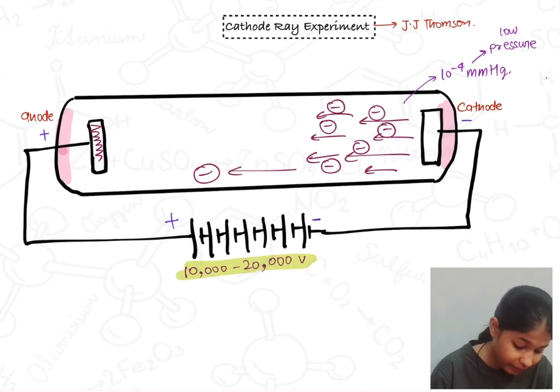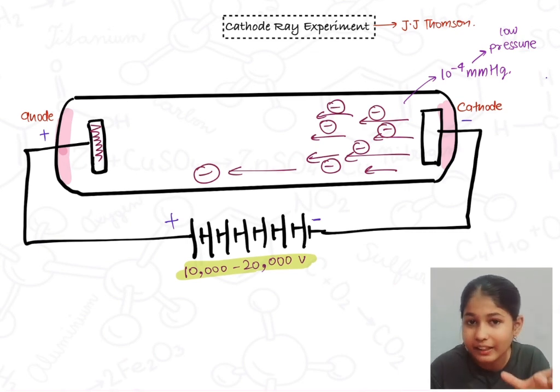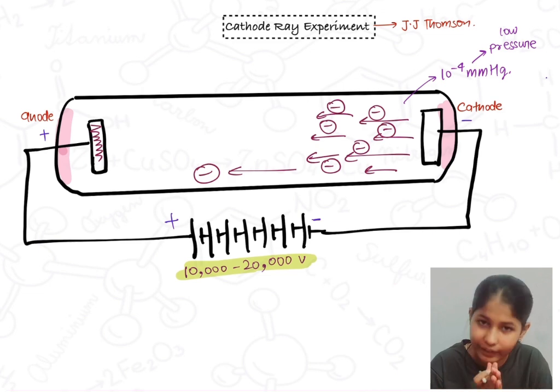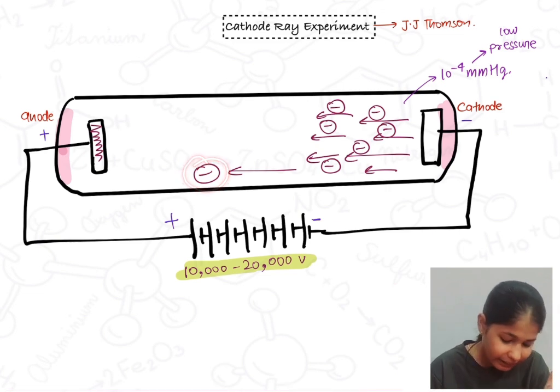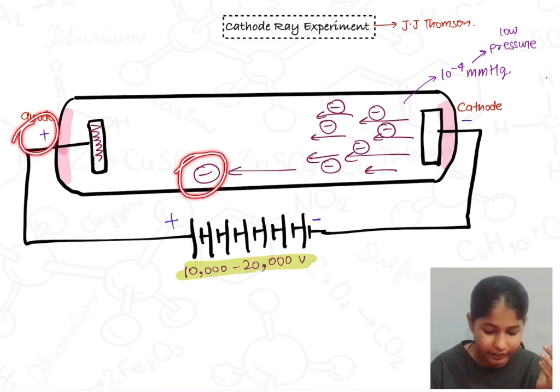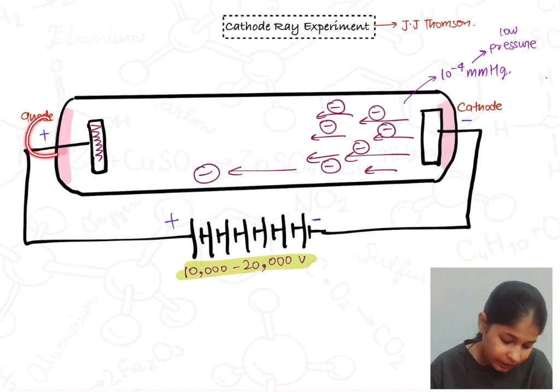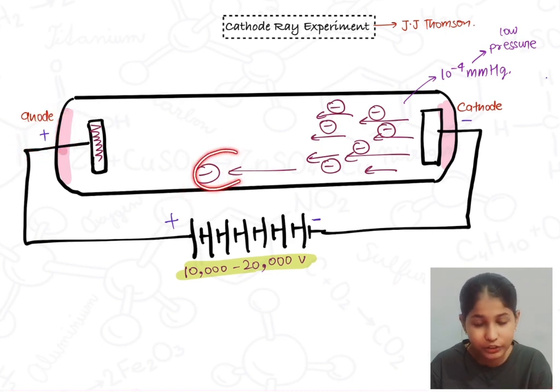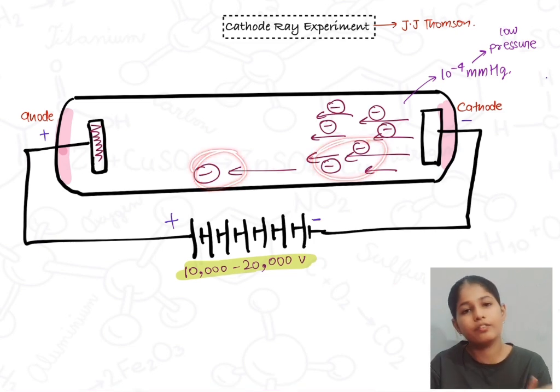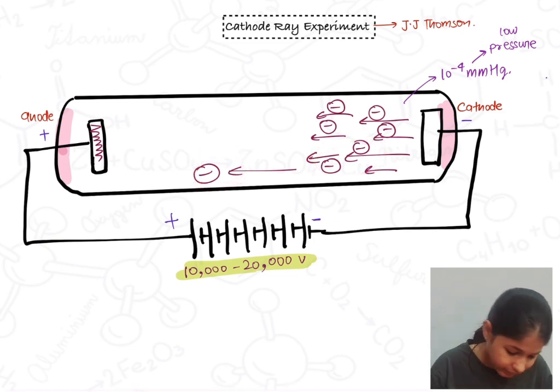As you know, the same charges repel each other and opposite charges attract each other. So this is positive and this is negative. It is obviously correct that if the electrode is positively charged and these particles are negatively charged, they will attract toward the positive electrode. So let me draw here.